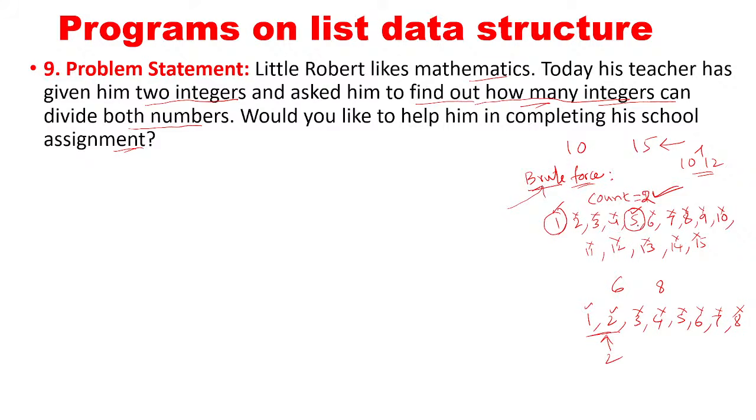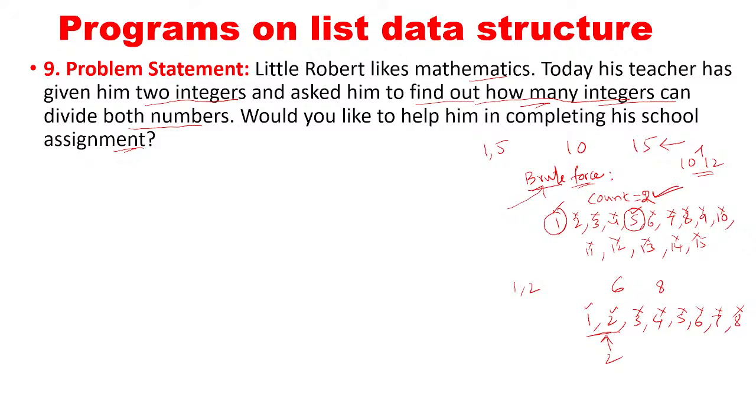Now, if you observe from this brute force method, you should identify some logic here. This 1 and 5 we got here, and 1 and 2 we got here. That means we can reduce the number of times we divide and check whether it divides both or not.